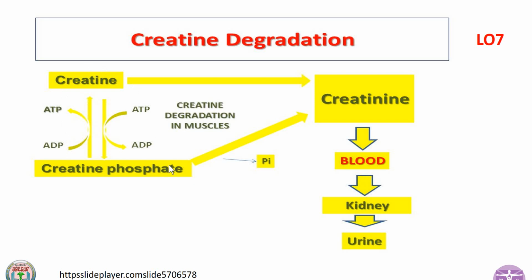Both creatine and creatine phosphate are converted to creatinine, which is another substance, by a non-enzymatic reaction, and the creatinine will pass to the blood and will be excreted by the kidney to the urine.